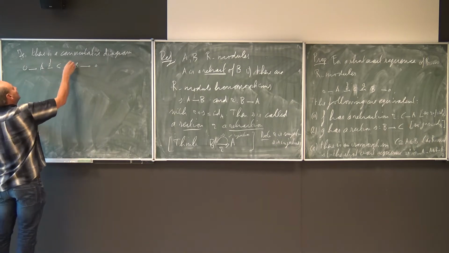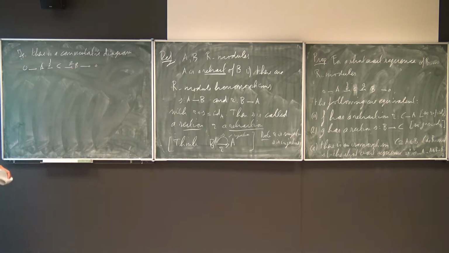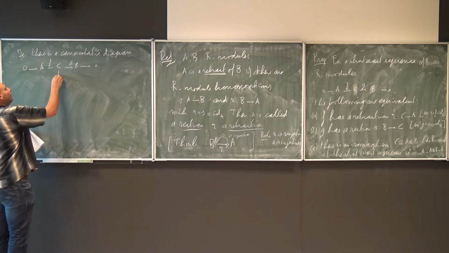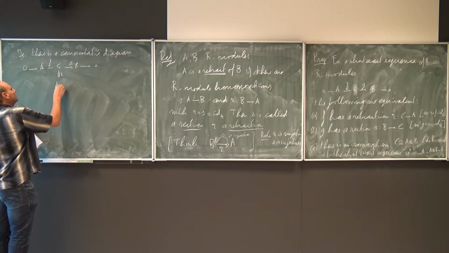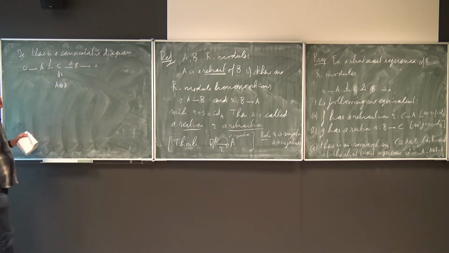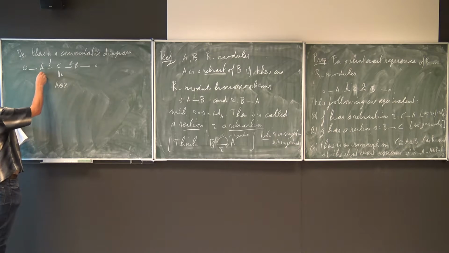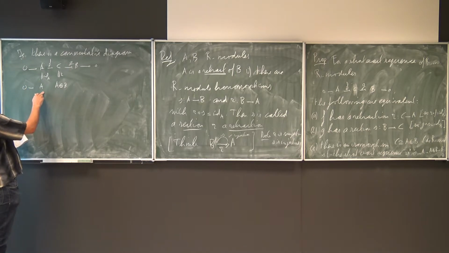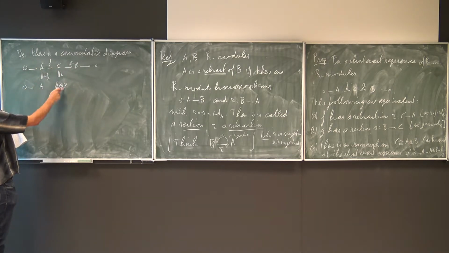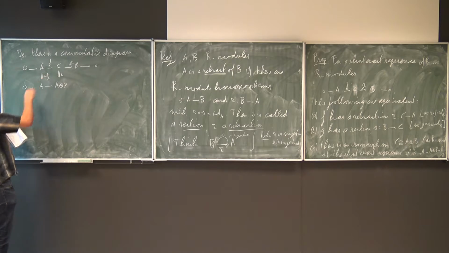So this was f, this was g, and then I say C is isomorphic with A direct sum B. And if I now identify C with this, I can get a map by saying this is the identity on A. And if I go like this, I get a map from A to this one. Okay, this would have to commute.